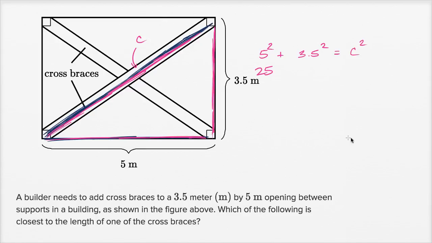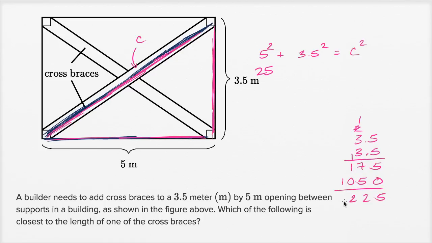Now 3.5 squared, let's see, 3.5 times 3.5. 5 times 5 is 25. 3 times 5 is 15, plus 2 is 17. Now I'm going to use the 3. 3 times 5 is 15. 3 times 3 is 9, plus 1 is 10. 5 plus 0 is 5. 7 plus 5 is 12. 1 plus 1 is 2.